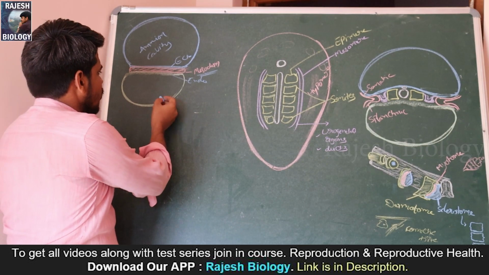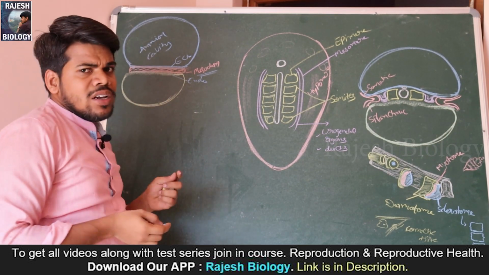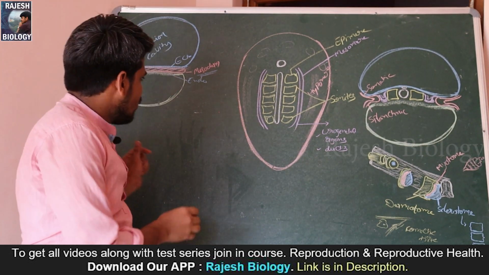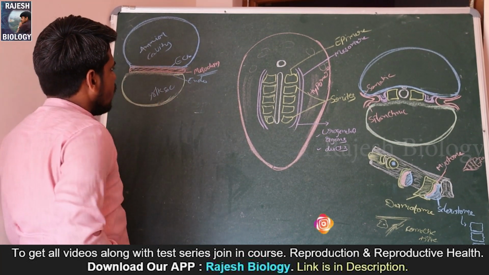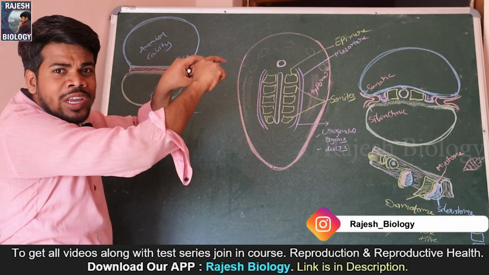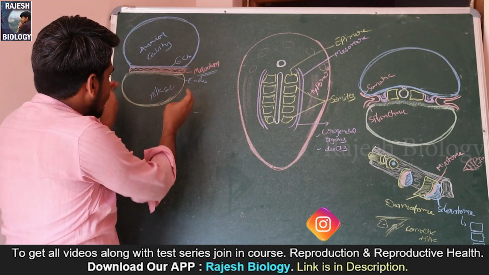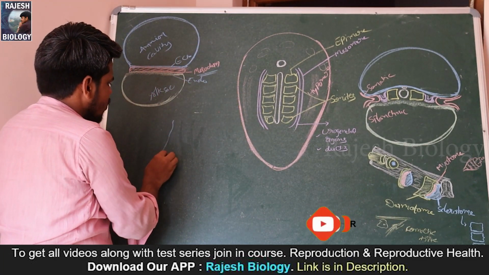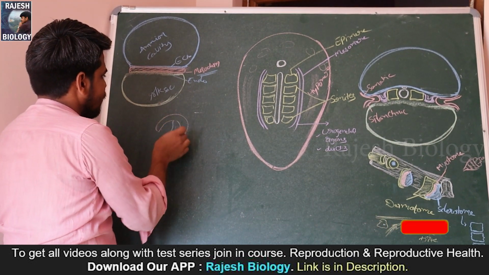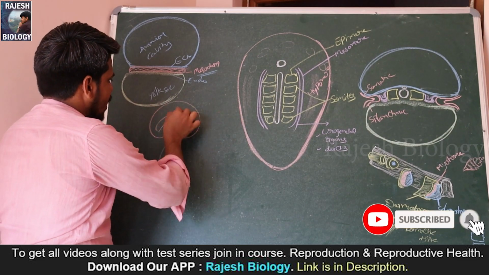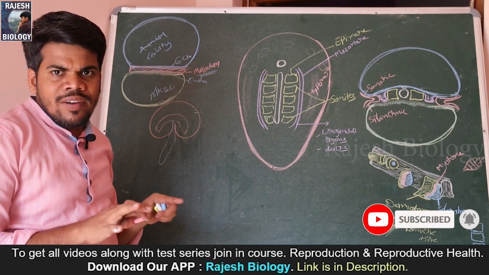From the endoderm, the yolk sac develops. Later this embryo is going to fold and bend, and the entire embryo is covered by the amnion cavity. Everything we will discuss later.